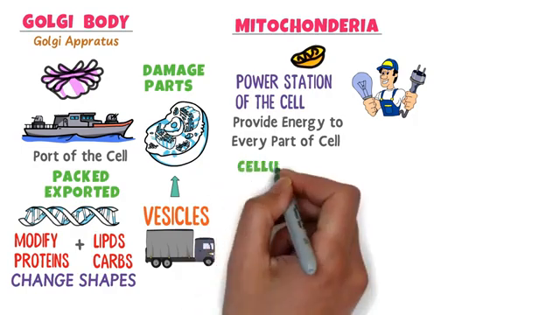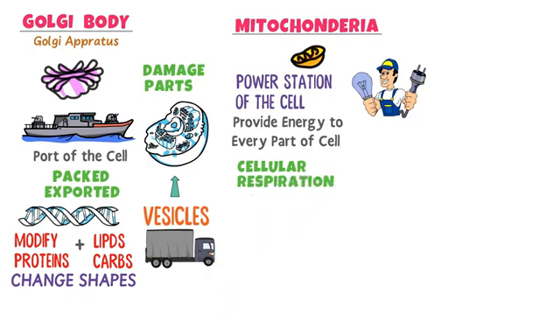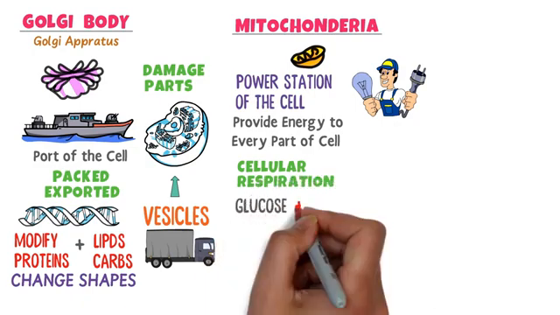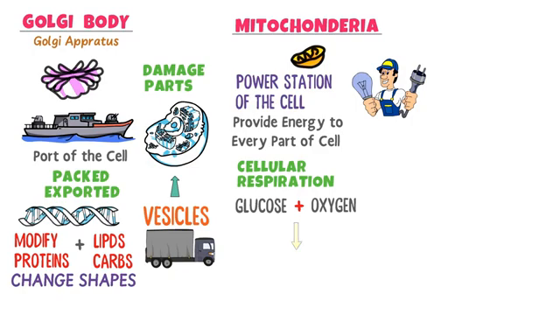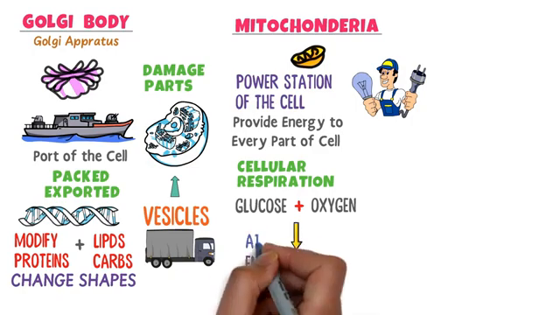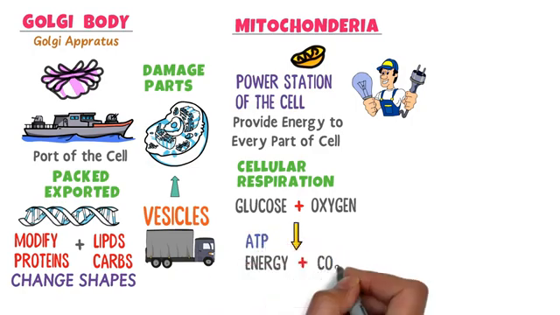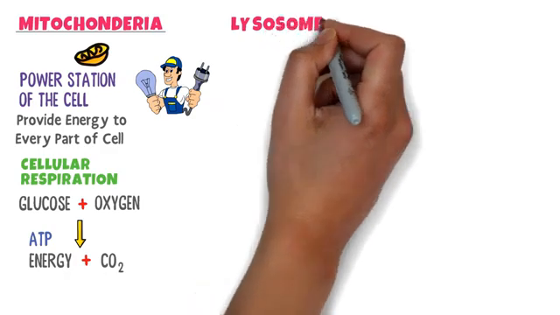In mitochondria, cellular respiration takes place. For example, glucose will combine with oxygen to release energy in the form of ATP, and carbon dioxide gas is produced as a waste product. Energy produced in the form of ATP by the mitochondria is then transported to each and every part of the cell.